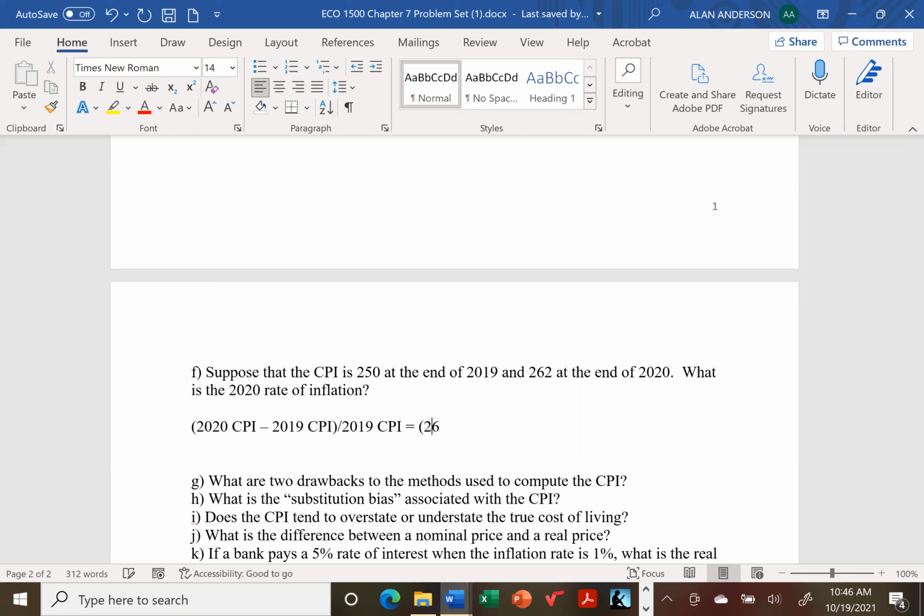So you're going to get 262 minus 250 over 250, which is 12 over 250, which is 4.8%. That means during that year, the inflation rate was 4.8%, meaning that consumer goods went up by 4.8%.